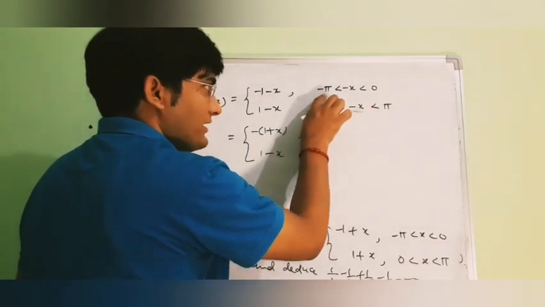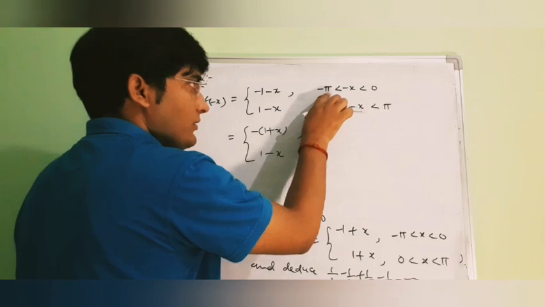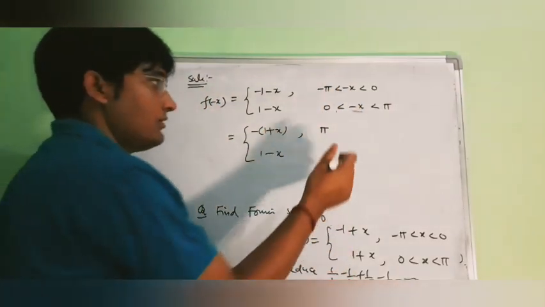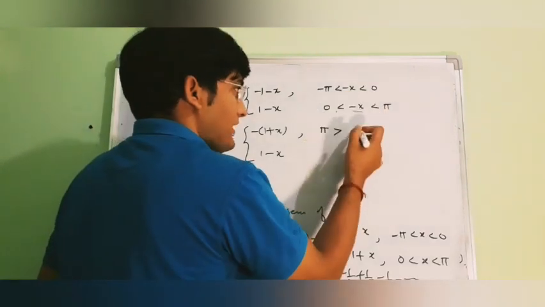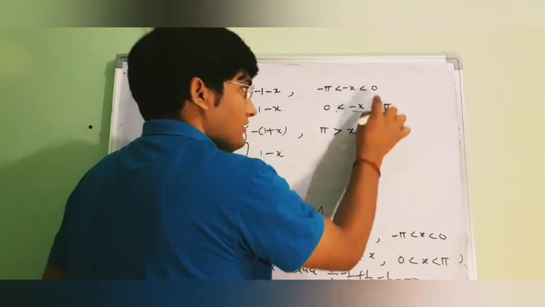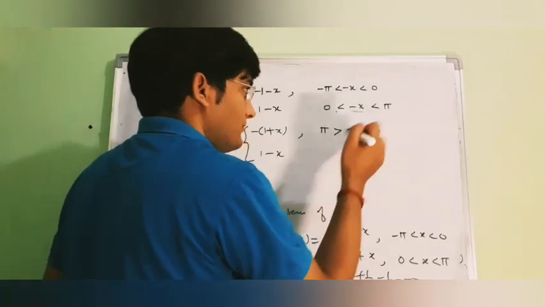Now let us take the minus sign common. If you take the minus sign common, this will be a plus pi, and the less than symbol will be replaced by greater than. And 0 or minus 0 is the same.